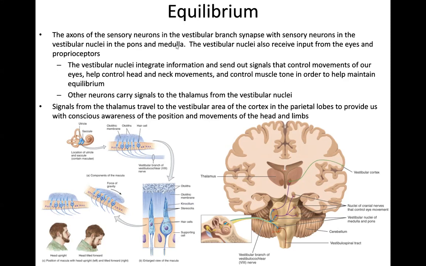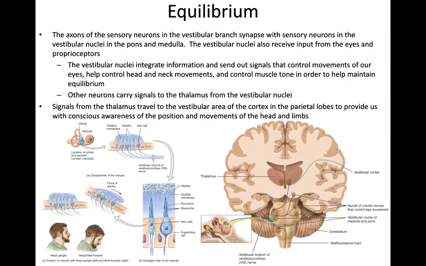Okay. Now, very, very important for balance is information coming from your eyes, as well as signal coming from your joints, from your proprioceptors. And we talked all about proprioception and proprioceptors, like your muscle spindles, tendon organs, and your joint kinesthetic receptors. Those are all different receptors that help you to maintain equilibrium or balance.